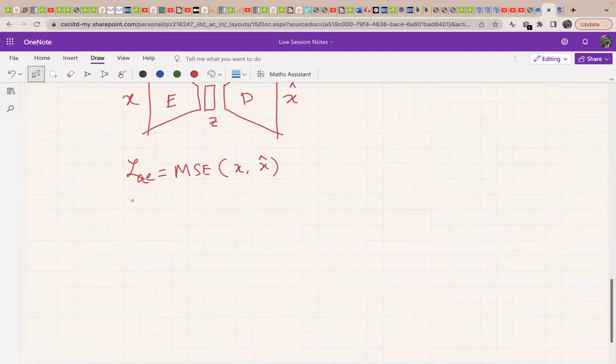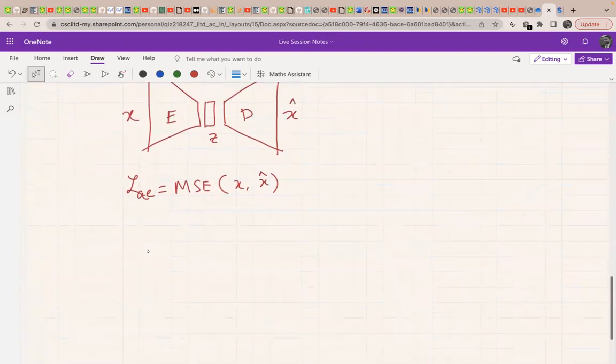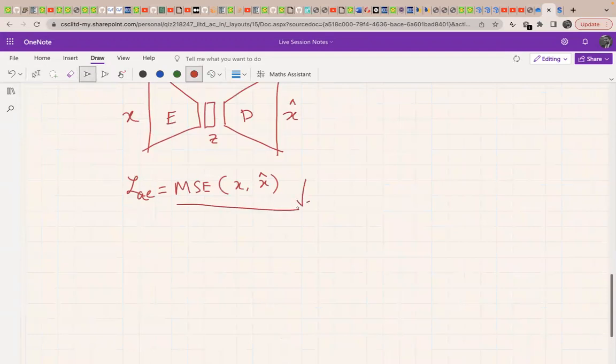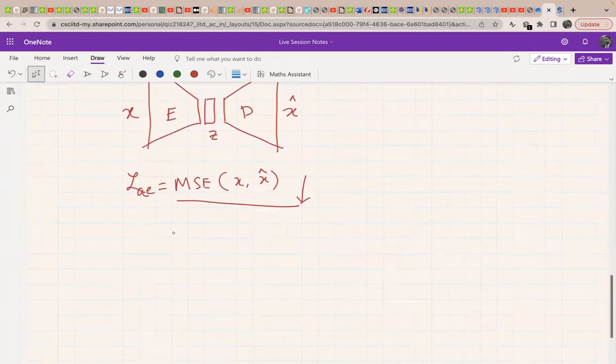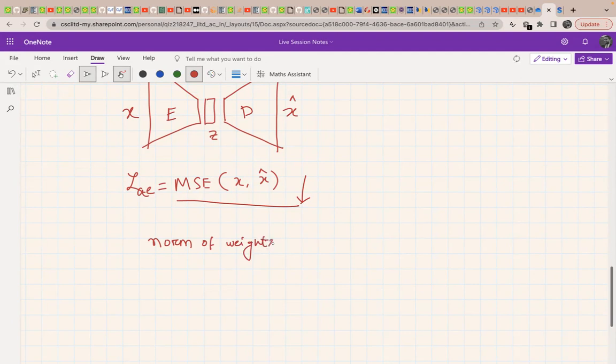But in case of sparse autoencoder, we want this MSE to be low, as well as we want the norm of the weights to also go down.